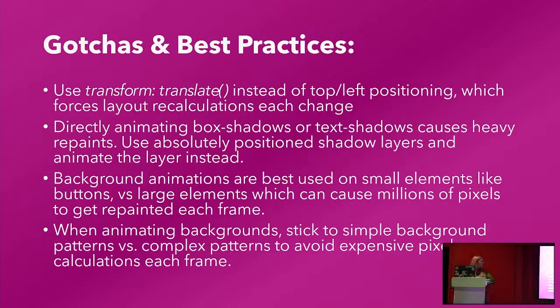Again, background animations are best on small elements like buttons versus things like page backgrounds, because you could have millions of pixels that get repainted every single time you switch frames. And again, when animating backgrounds, use simple backgrounds versus complex patterns.